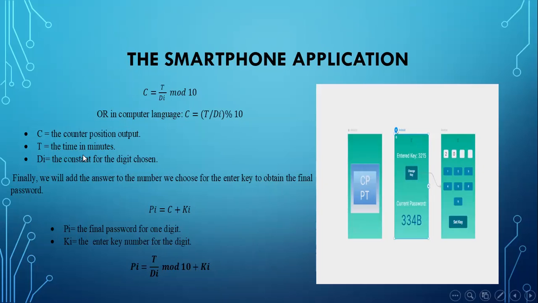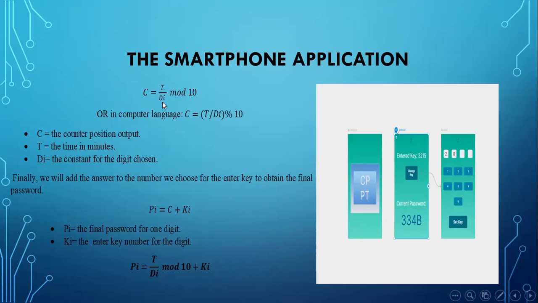For example, let's say 2 hours and 23 minutes. The time is going to be in minutes. The 2 hours is 120 minutes plus 23 minutes, which is 143 minutes.